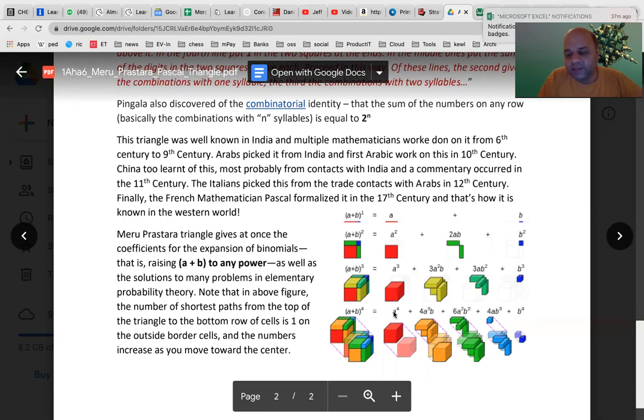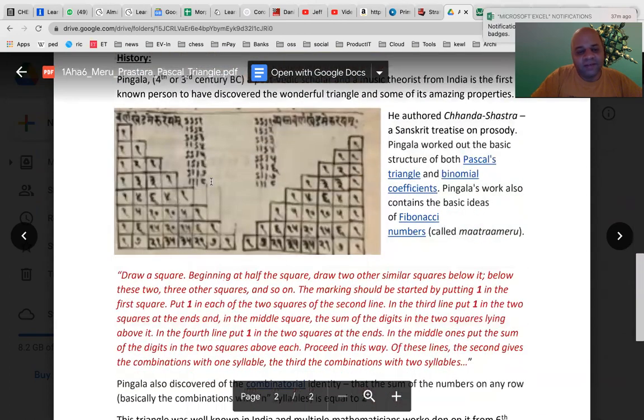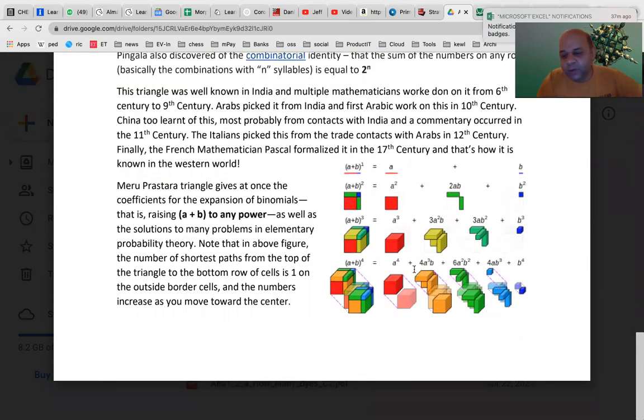If you raise it to the 4th power, you get a raised to 4 plus 4a cubed b plus 6a squared b squared plus 4ab cubed plus b raised to 4. The coefficients of all of these are nothing but the Pascal's triangle of that row. If you consider raised to 4, it comes to row number 4 here: 1 2 3 4, 1 4 6 4 1. That is what you get here also, as coefficients. I'm going to explain this in more depth next week.